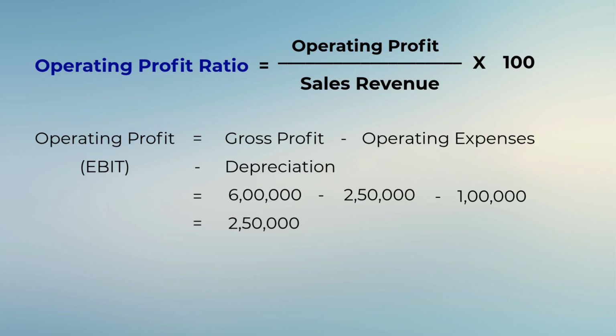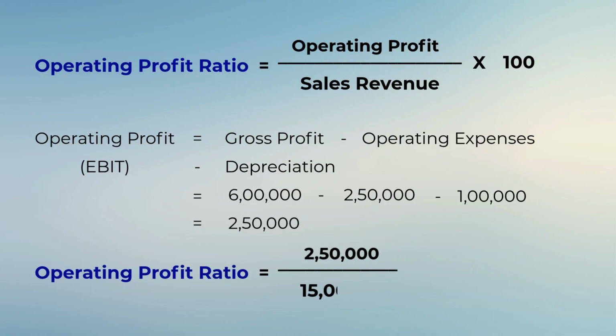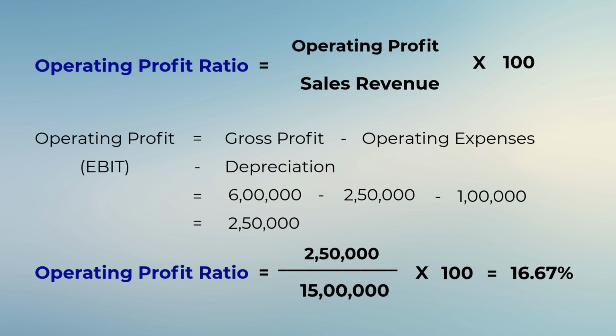Thus, operating profit ratio in our example is 2,50,000 divided by 15 lakhs multiplied by 100, which is equal to 16.67%. Thus, about 16.67% of sales remain after covering direct and operating costs, which is efficient but can improve.